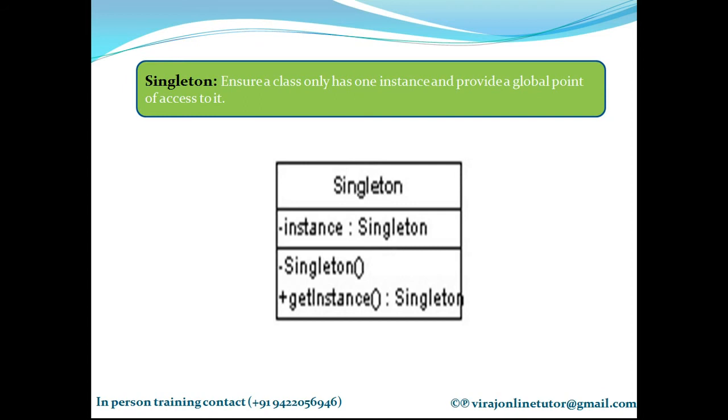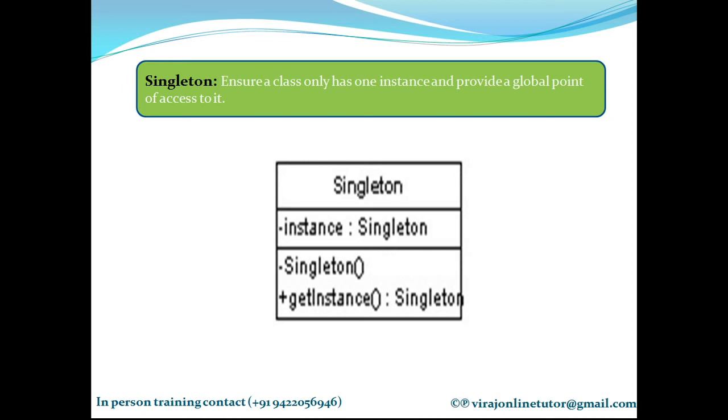Now again someone calls your get instance a third time. Get instance will again come to know that the object was already created the very first time, so it will return a reference to the object that was created in the very first instance itself. So irrespective of how many times people call your get instance function, it will intelligently know that you have created the object once, and it won't create the object again and again, but will just return the reference to the very first object that was created.